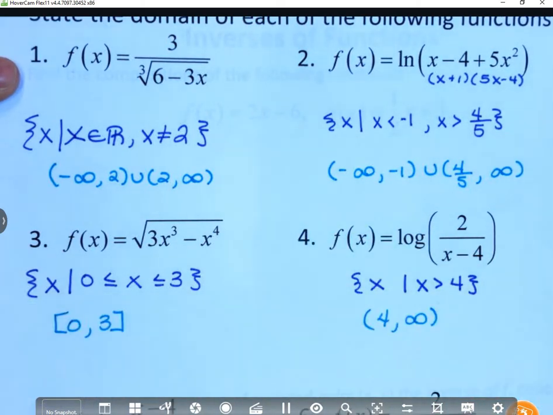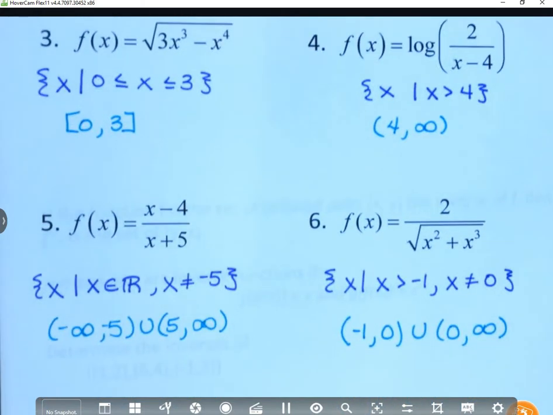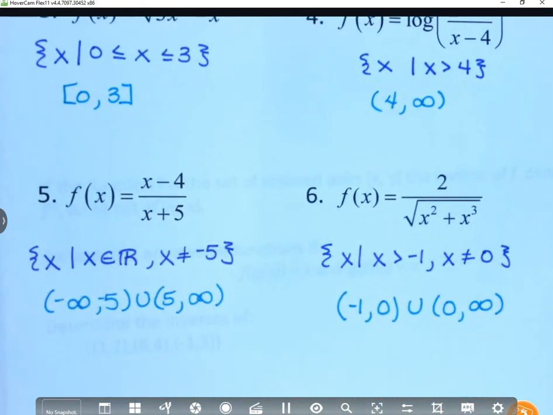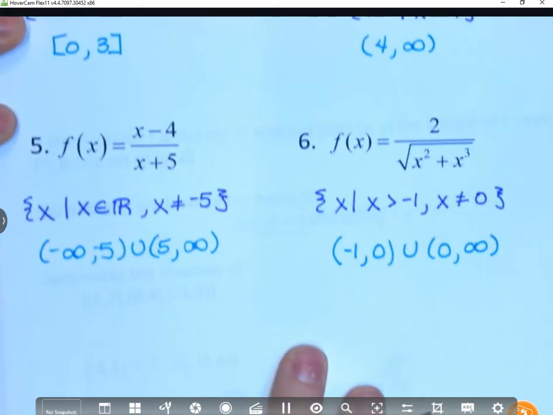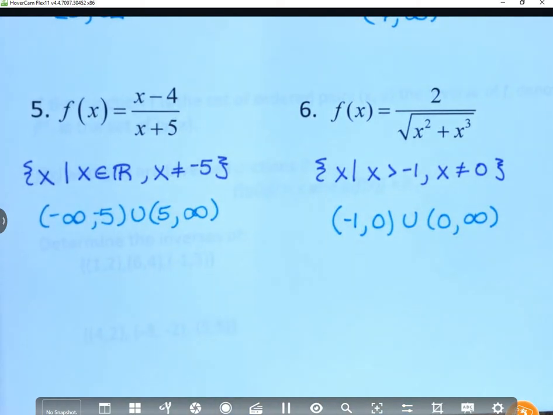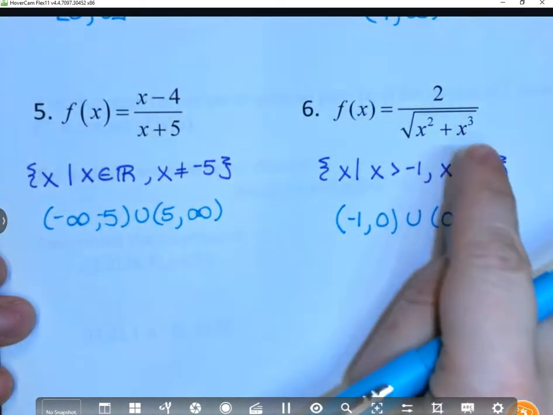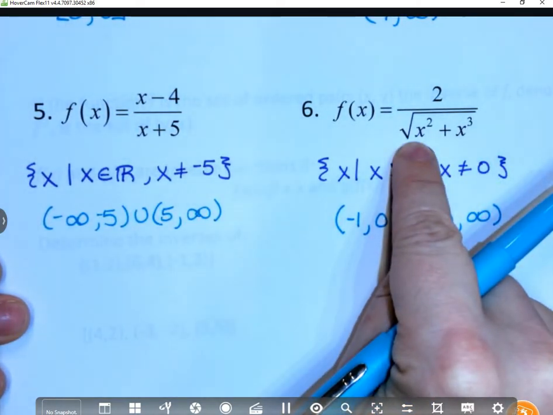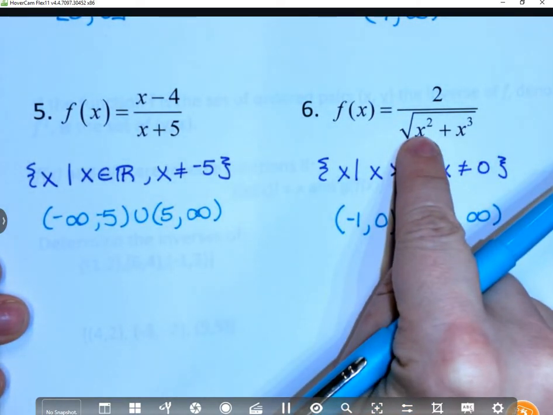All right. Let's take a look at the final ones. Yes, sir? If I put negative 1 in here, that's going to be a positive 1.